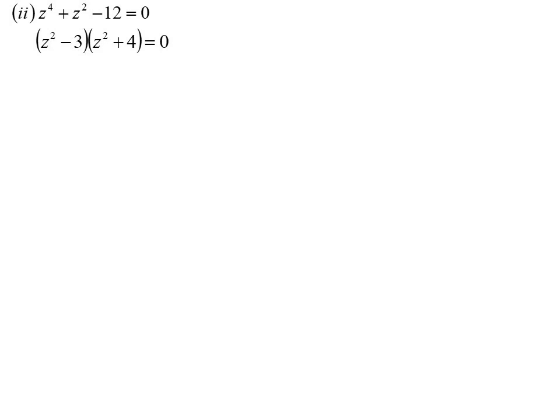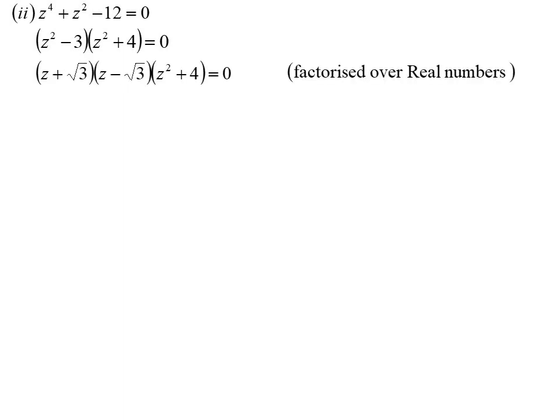If I was just dealing with real numbers, I could factorize it down partially to linear factors. The first one is difference of 2 squares. Alright, we end up with the root 3, but that's still a number, that's not a problem. The second one, z squared plus 4, I couldn't do. So that was if we're just dealing with real numbers. If they asked us to factorise over real numbers, we would stop there.